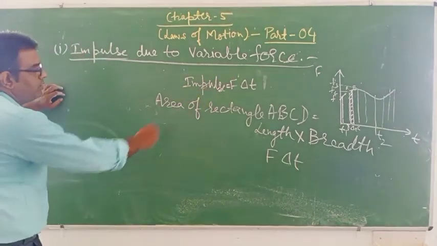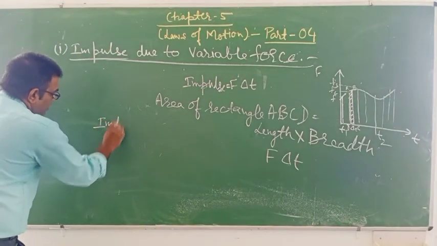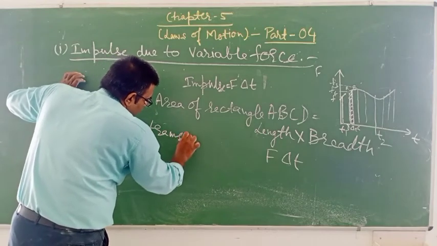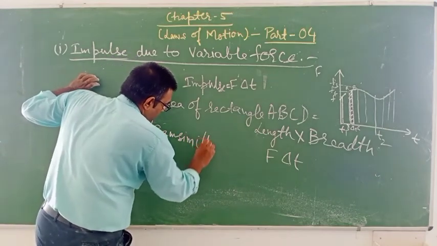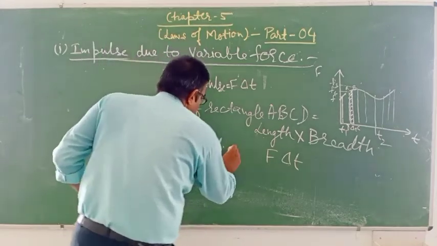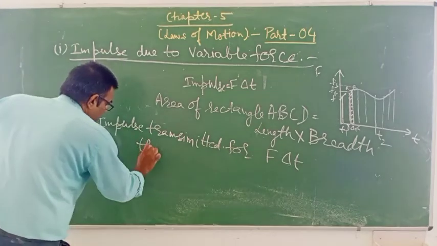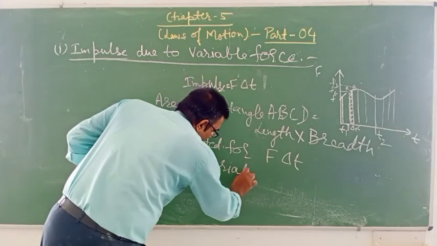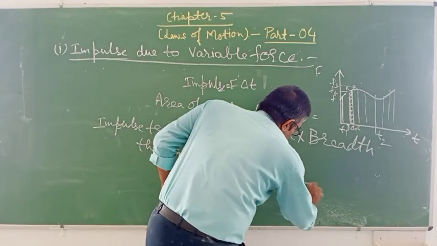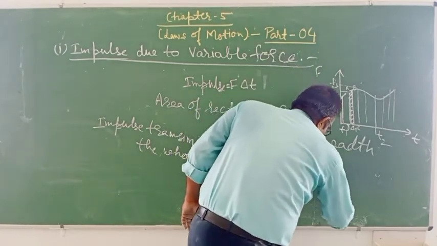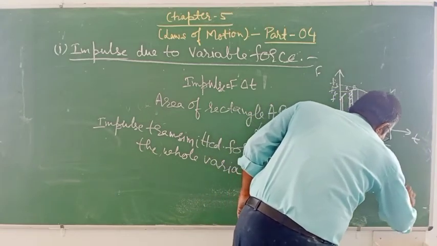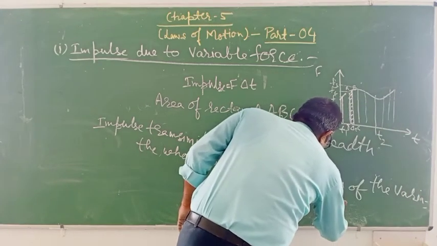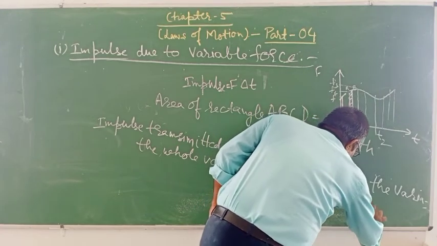So the impulse transmitted for the whole variable force is equal to the area of the variable F-T curve.